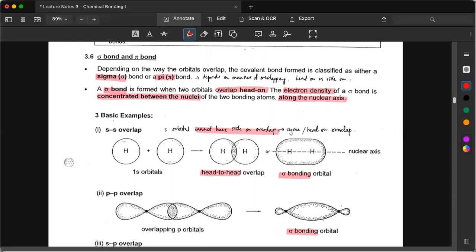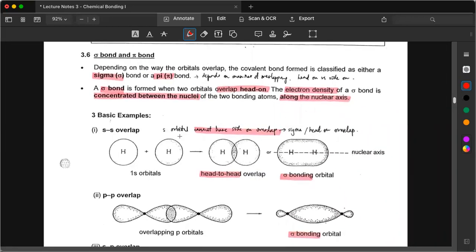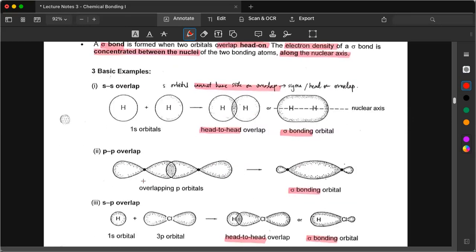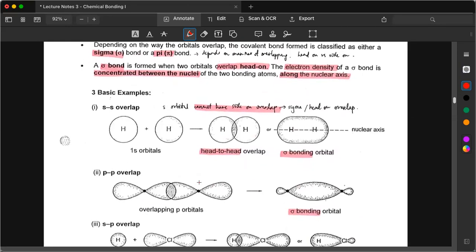The s orbital cannot have side-on overlap. It can only have head-on, because of the shape. So when you have head-to-head overlap, this is the sigma bonding orbital. For p-p overlap, meaning overlapping of p orbitals, they actually form a sigma bonding orbital in this way.